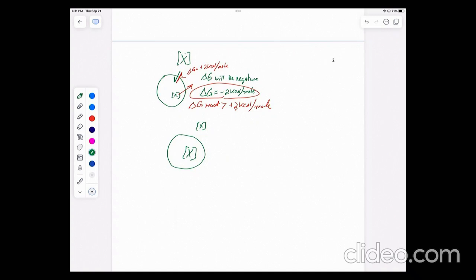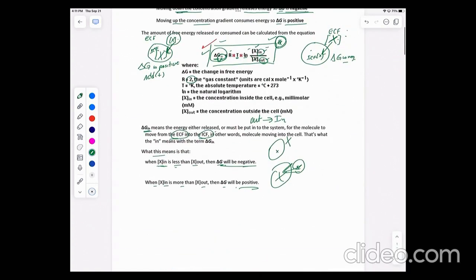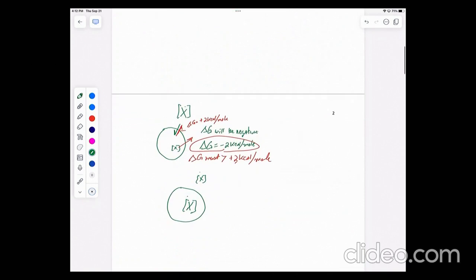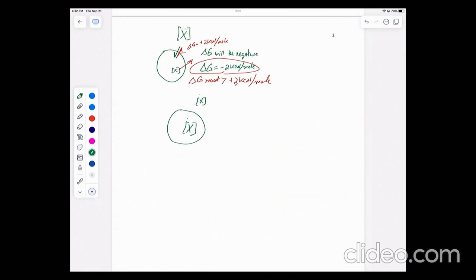First of all, I can look at that. Again, the convention is out to in. That's what this equation here is assuming. So you plug those numbers in, and let's just suppose that you calculate and you get a G value of, say, plus 3 kilocalories.